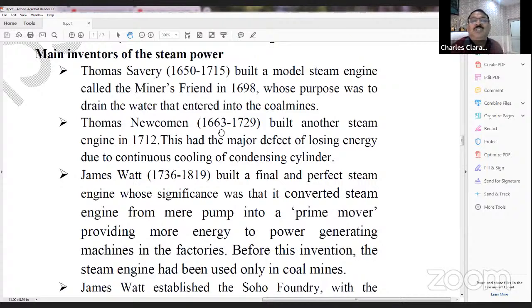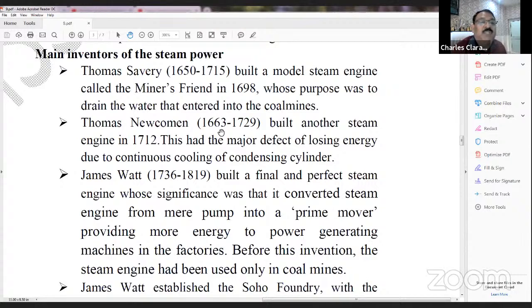He built a model steam engine called the Miner's Friend in 1698, and its purpose was to drain the water that entered into the coal mines. In the coal mines, to take that water out, they used a steam engine, and it was called the Miner's Friend.